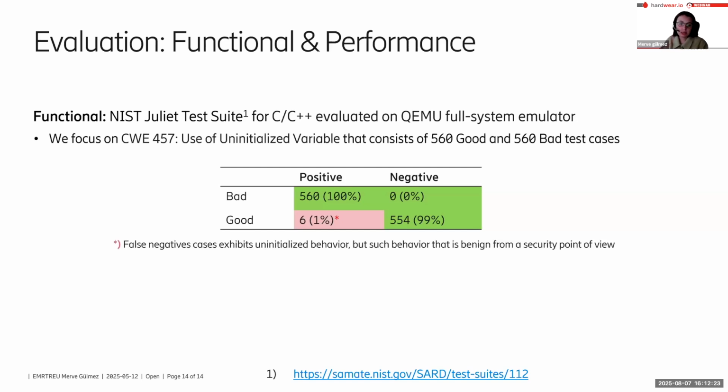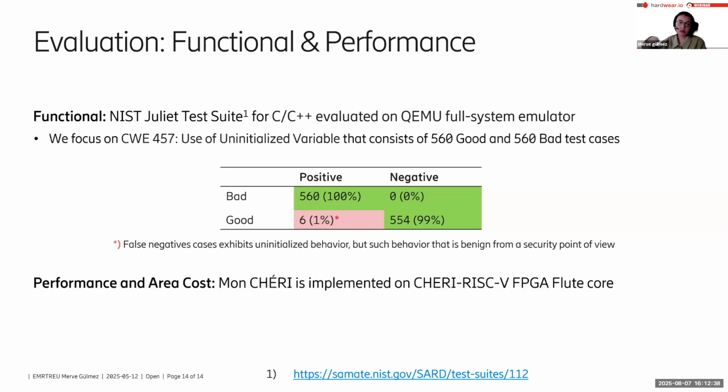These false positive cases exhibit uninitialized behavior, but such behavior is benign from a security point of view. I am getting a lot of questions about these false positive test cases, so I will show one example later, after introducing performance and area cost.